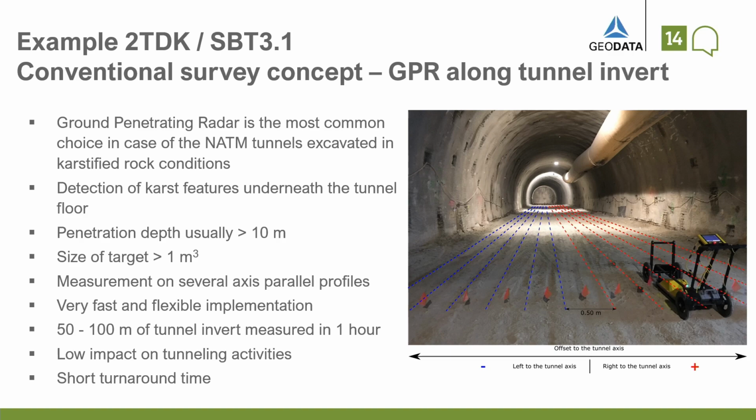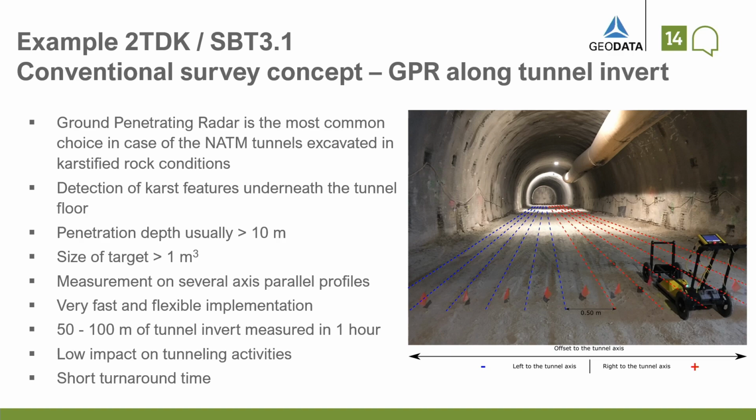The deployment of GPR is actually very straightforward. We just need to walk a few times there and back with a system as large as the one in the picture, and we can design it relatively accurately based on the expected size of the karst features.